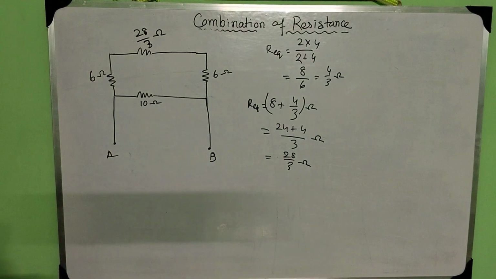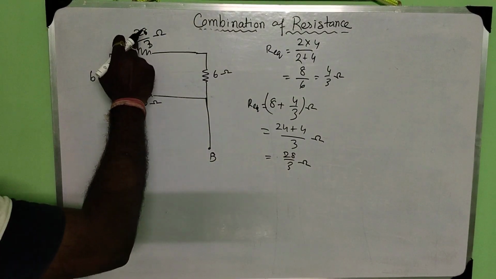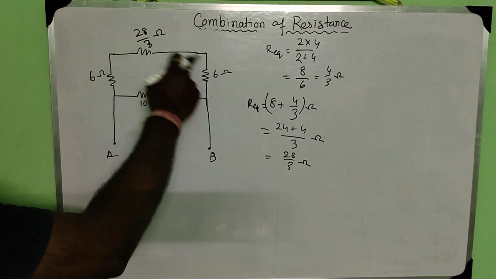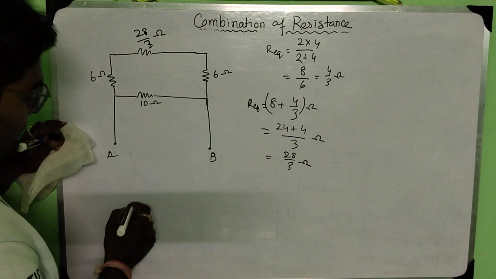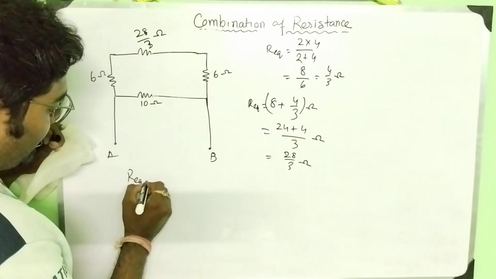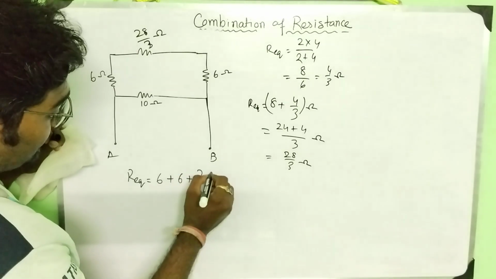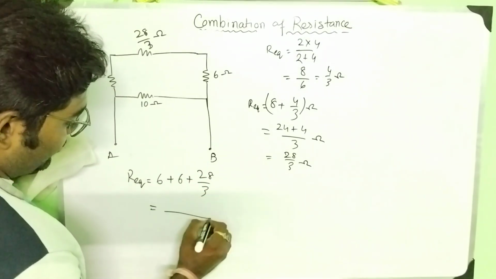Okay. Now see, these 6 ohm, 28 by 3 ohm and 6 ohm, they are in series combination. They are end-to-end connected. So R equivalent for these 3 resistances will be 6 plus 6 plus 28 by 3.